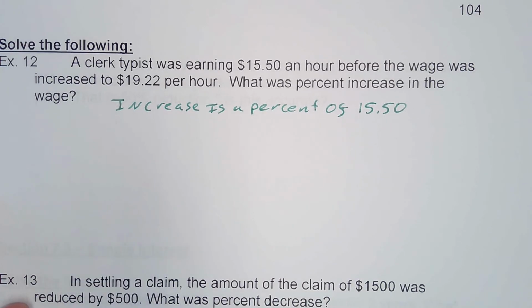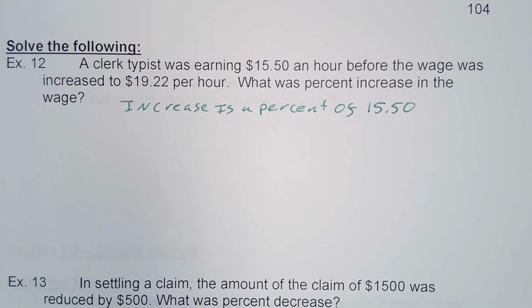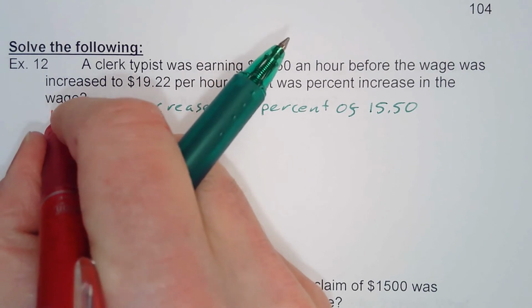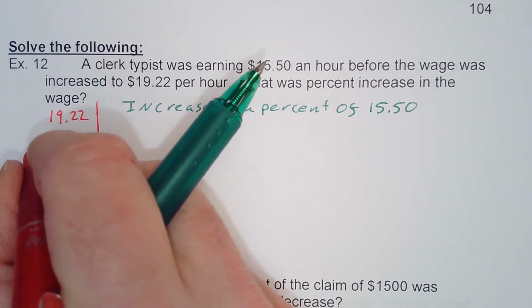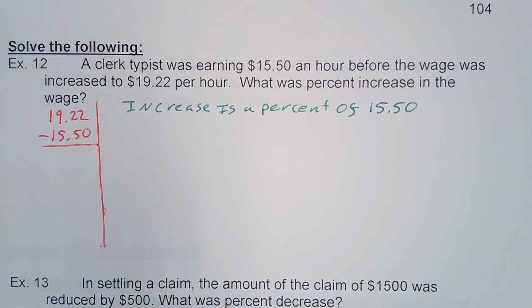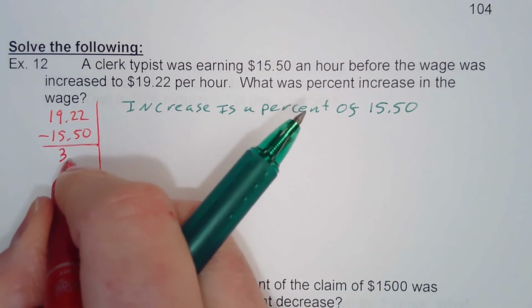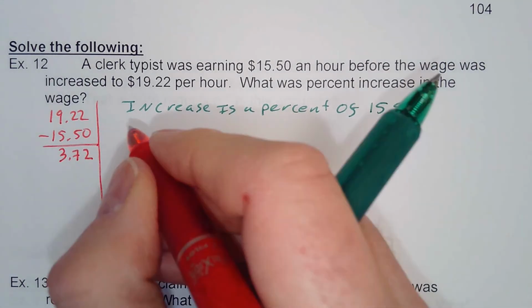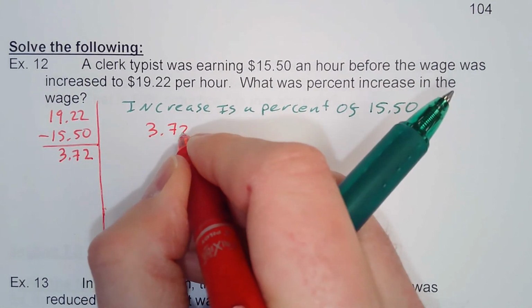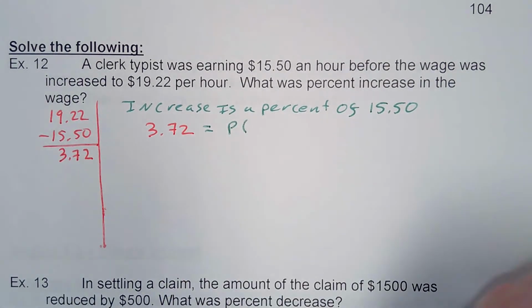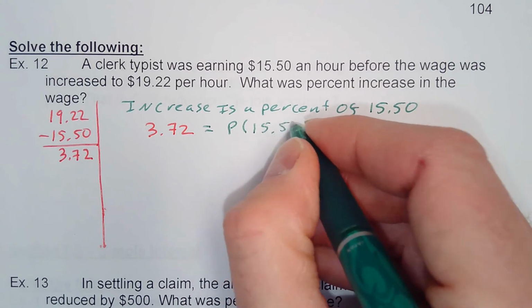I have to first figure out what that increase is. So I'm going to go off to the side here. Take 19.22 minus 15.50. And that will give you $3.72 equals P times 15.50.